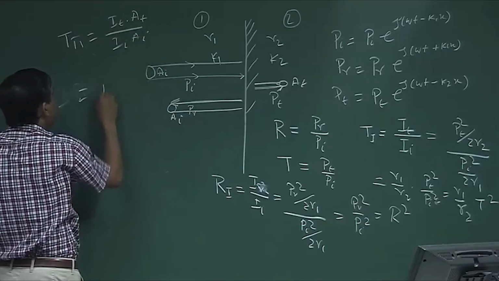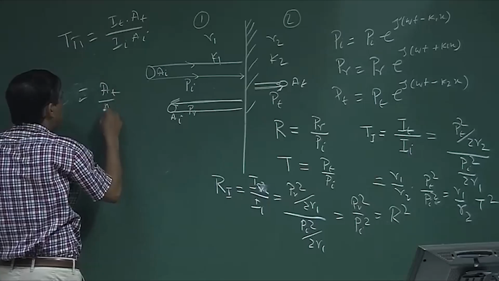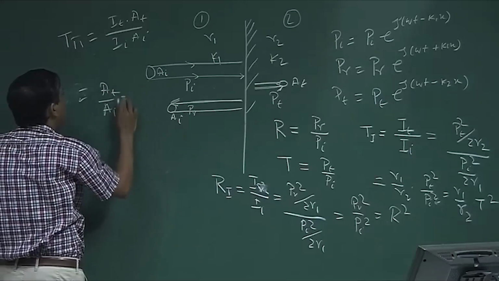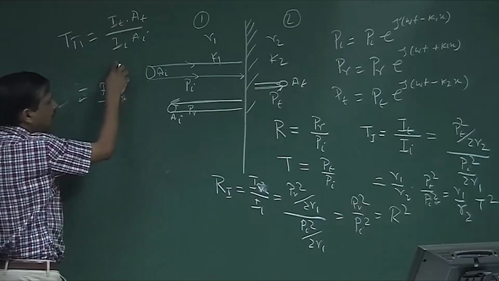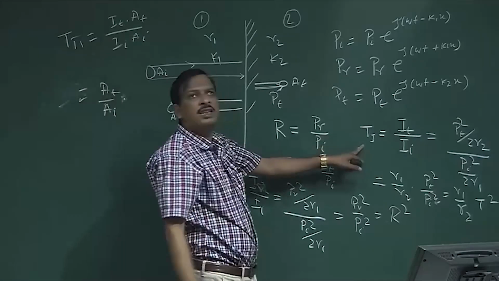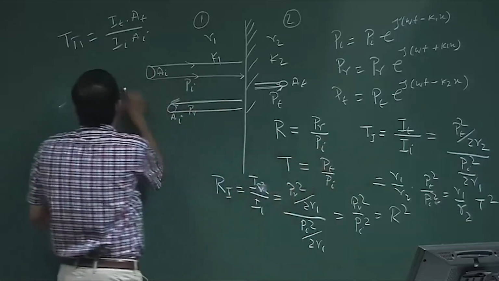That is At by Ai into It by Ii, and It by Ii is Ti, so it is At by Ai into Ti.